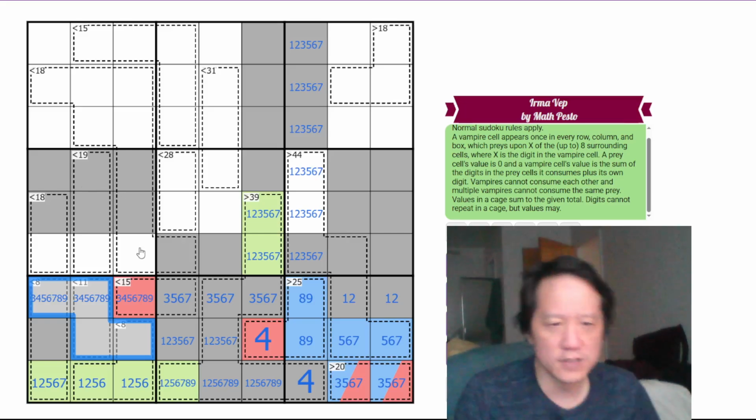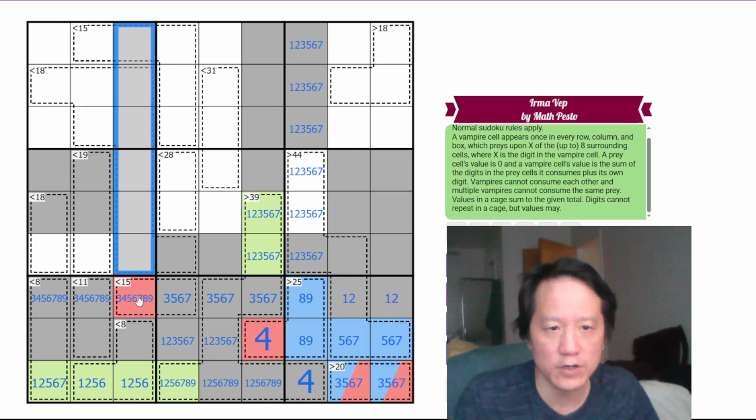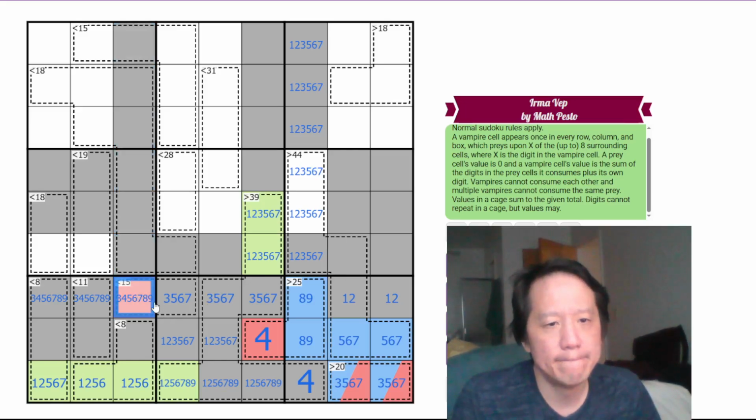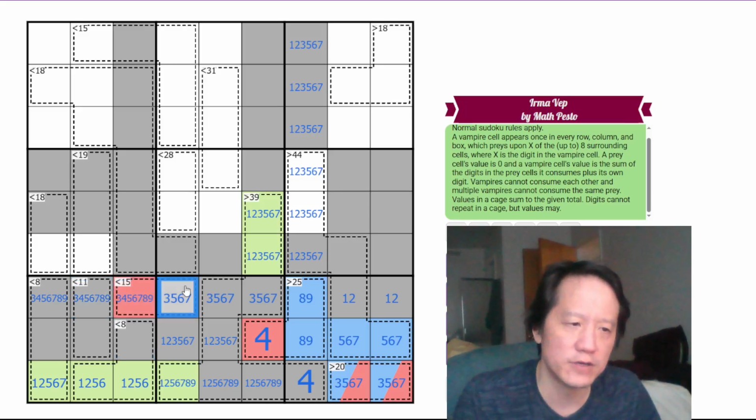So this is a vampire here. Has to be less than 15, though. So including itself, okay, this is not preyed upon, unfortunately.